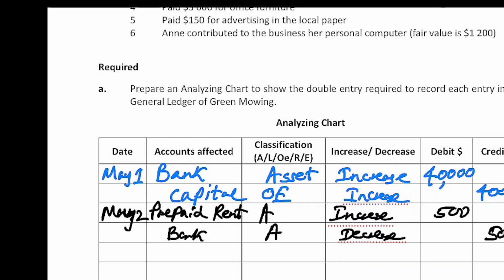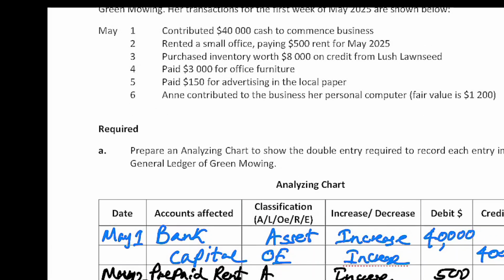Always get used to writing the debit entry first. At the beginning you might make mistakes, that's fine. If some people have written the bank first, the credit entry, the next time you can fix it. Otherwise, if you have written with a pencil you can fix it. Okay, we'll do the third one as well. After that we are going to do something else.